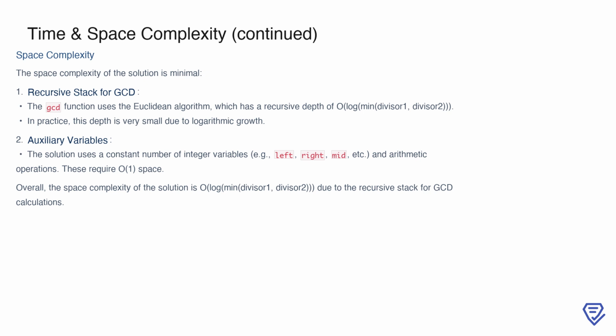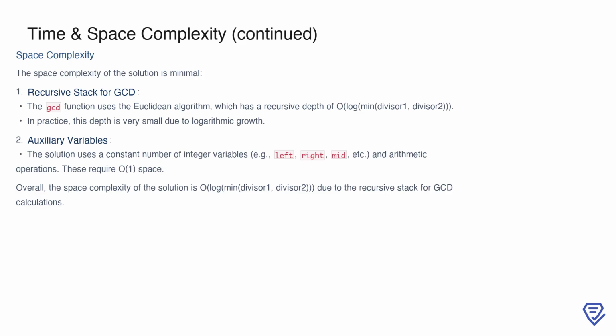Now let's discuss the space complexity of the solution. The primary contributor to space usage is the recursive stack used by the GCD function. The Euclidean algorithm, which is used to calculate the GCD, has a recursive depth of log min divisor 1 divisor 2. Since this depth grows logarithmically, it remains quite small in practice.